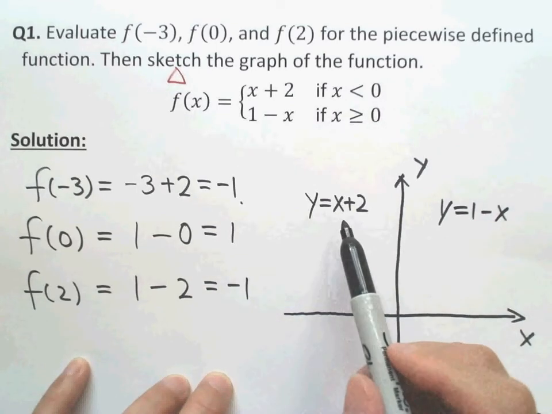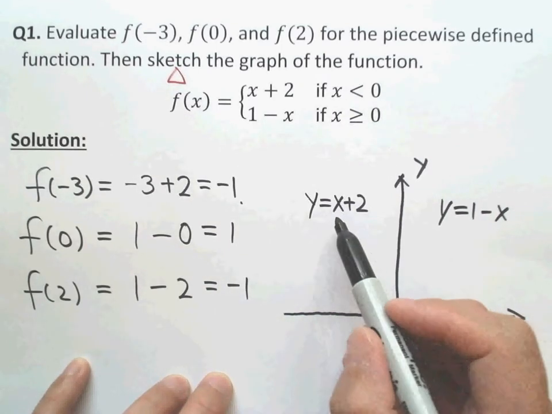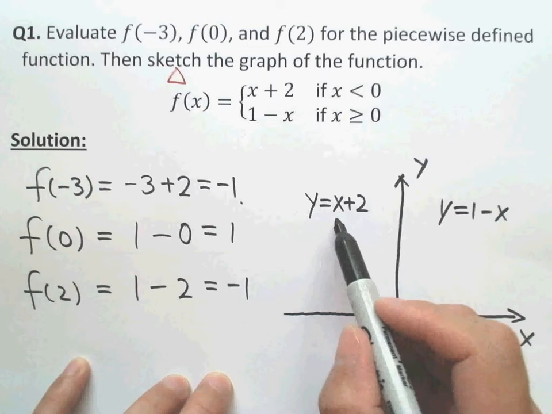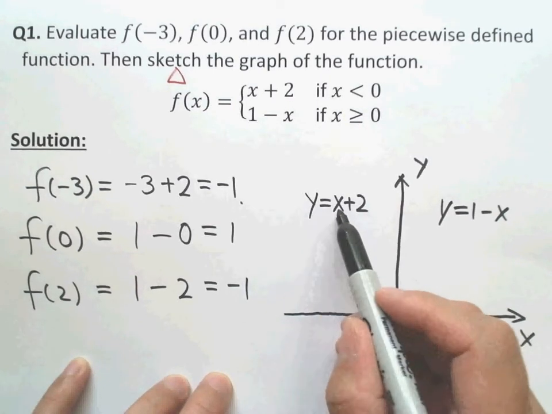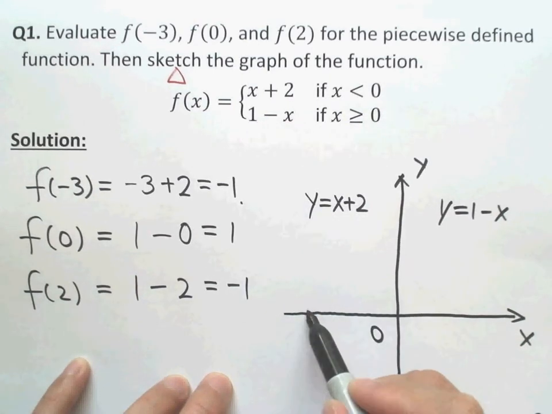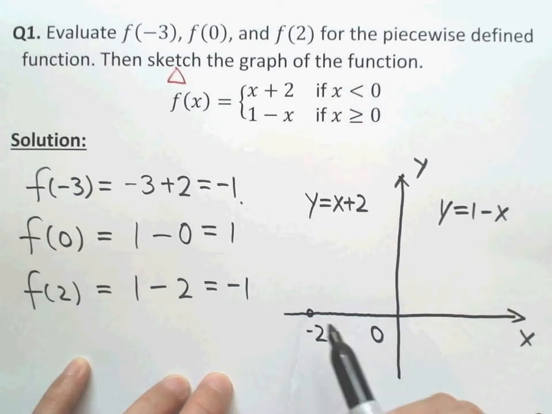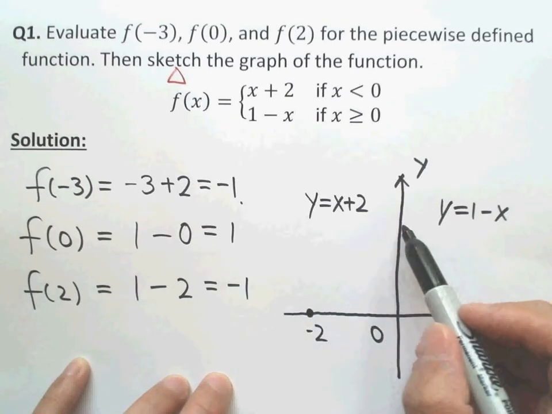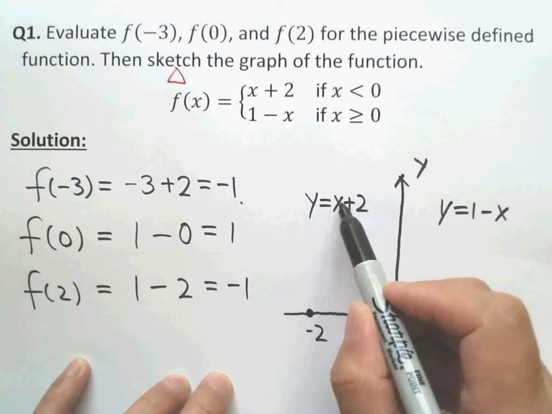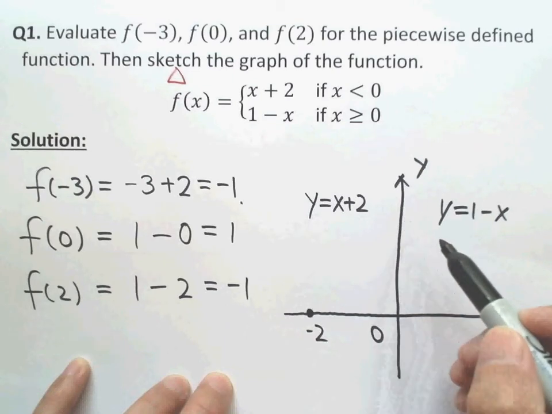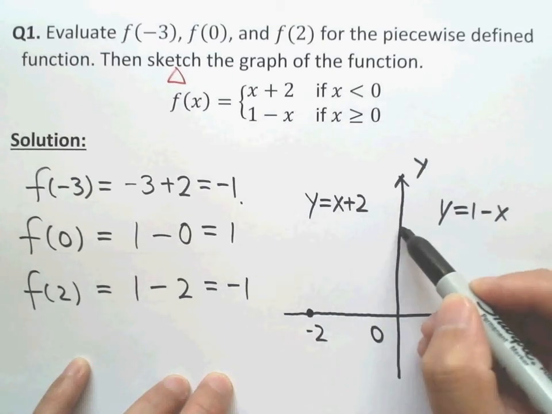How do you draw a straight line? Everyone knows: we find the intercepts. Set y equals 0, and x equals -2. This is the x-intercept. What is the y-intercept? Set x equals 0, and y equals 2, right?